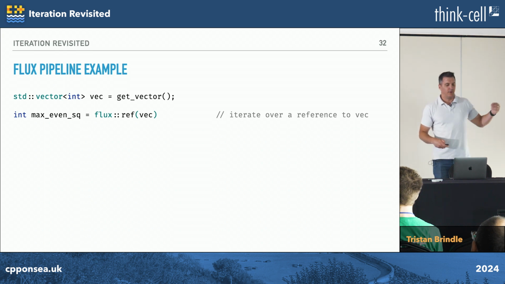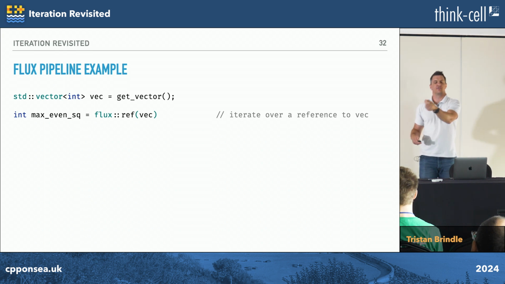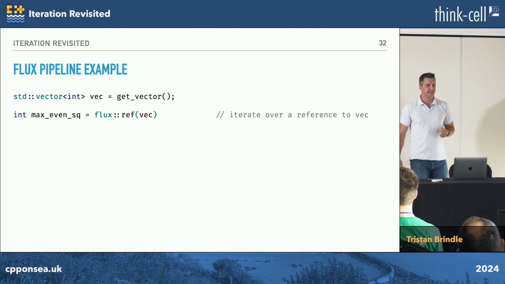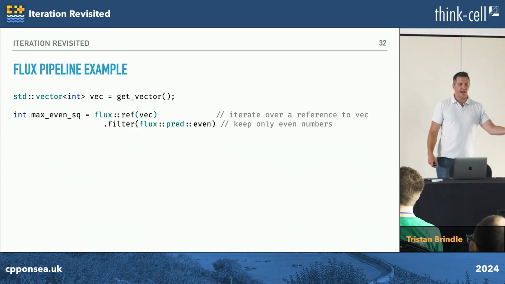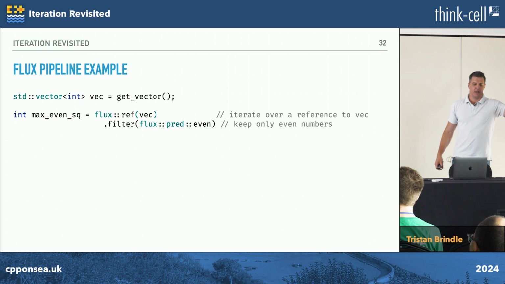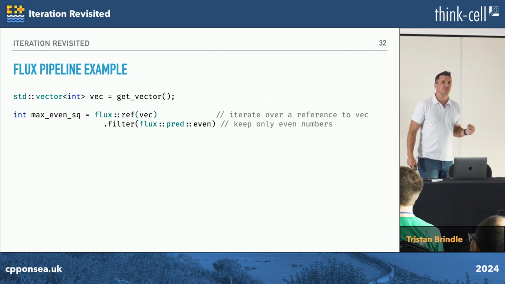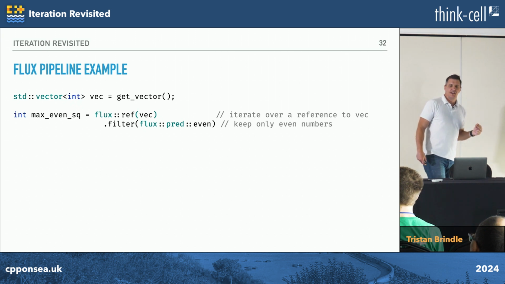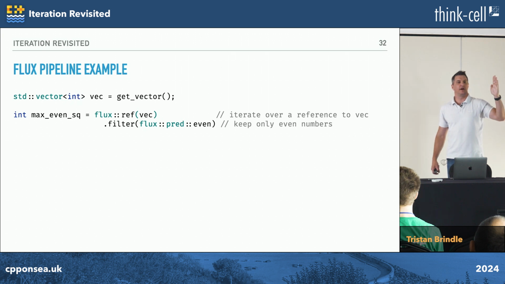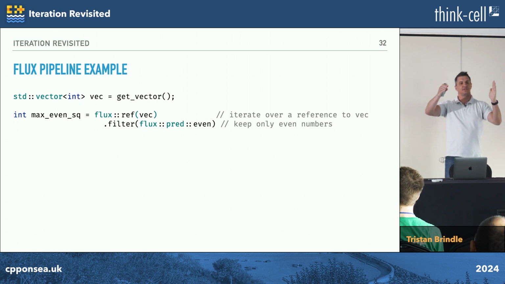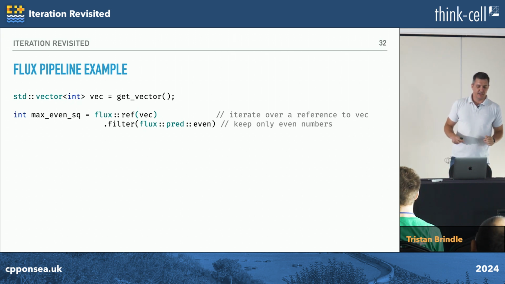So we're explicit about the fact we want to iterate over a reference to the vector. We want to adapt a reference to the vector. And then we build up our pipeline by first applying a filter transform. Right away, you'll notice quite a difference from C++20 views, because with views, you would say the pipe character, the bar character, pipe standard views filter, and then your predicate.